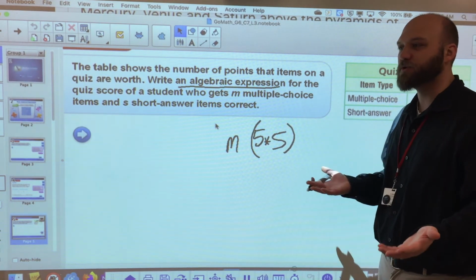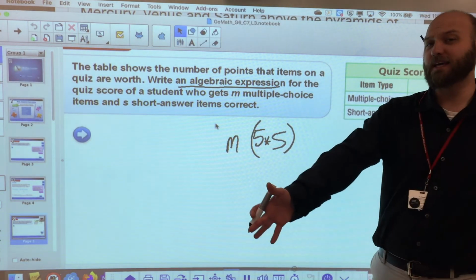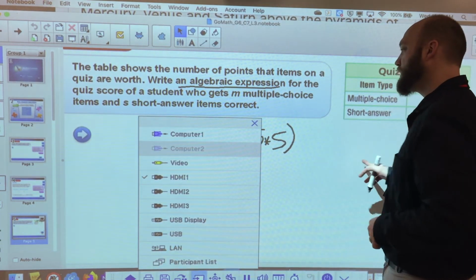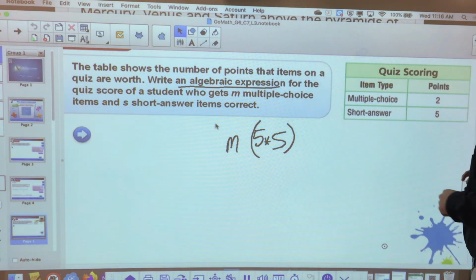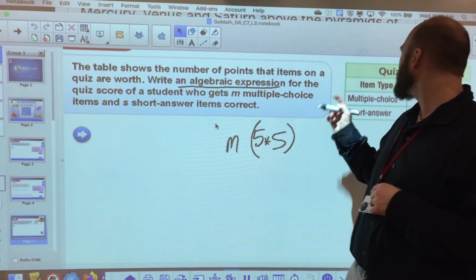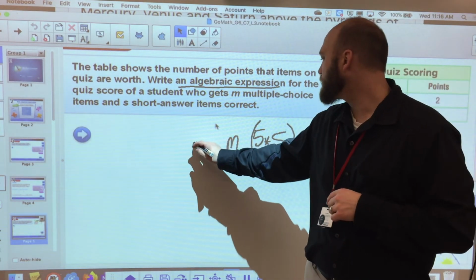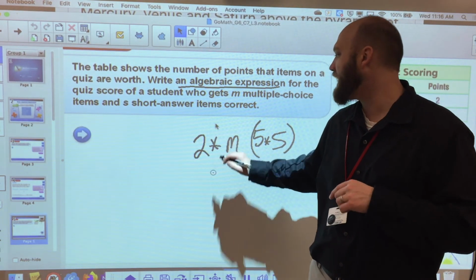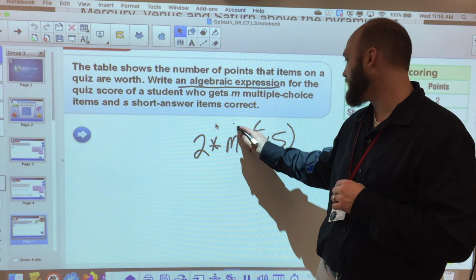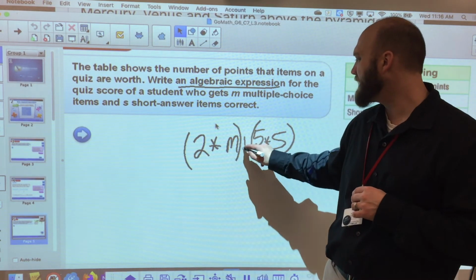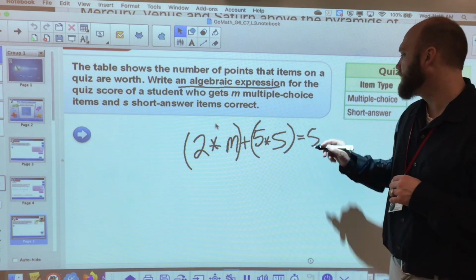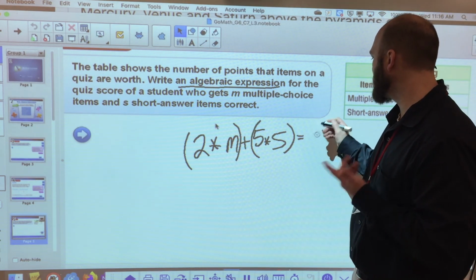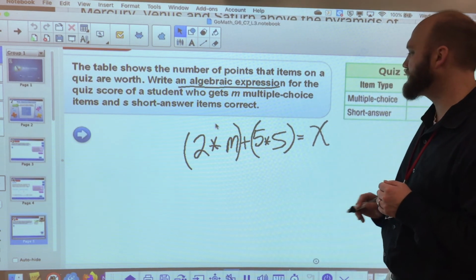I get 3 short answer, I get 15 points. I get 4 short answer, I get 20 points. As I'm getting all animated here, I'm turning my board, getting it moving. So multiple choice is worth 2 points, 2 points times the number of multiple choice that I get correct. And then I'm going to add them together to get the score. Now I'm going to change that because that's not 5. I'll just call it X for now.